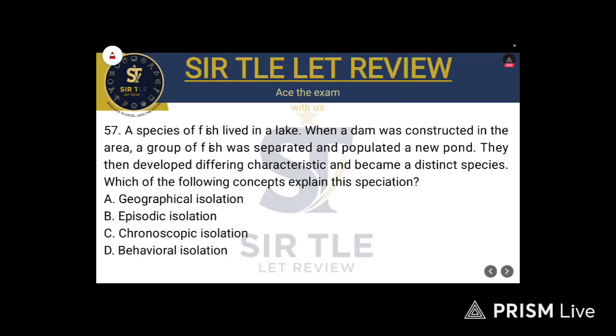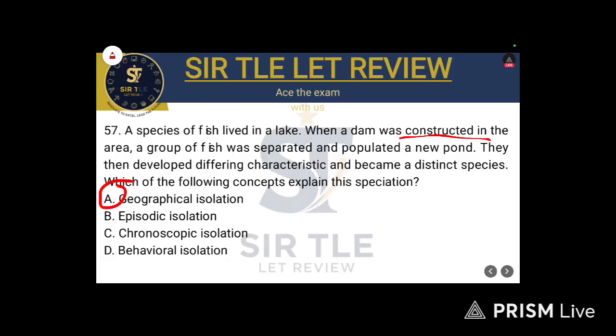What is your answer for number 57? When a dam is constructed, that is letter A, geographical isolation. Meaning, daw, merong isang species ng fish, then na-separated sila dahil merong dam daw na construct.